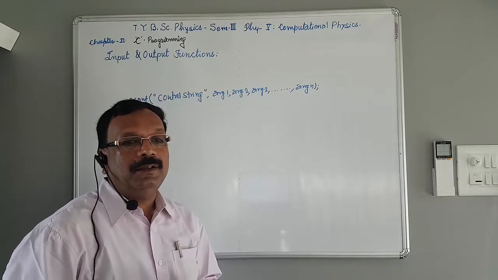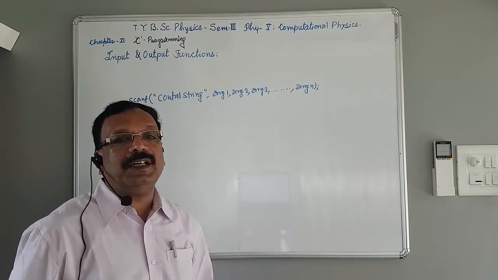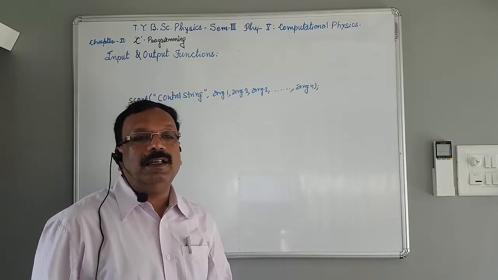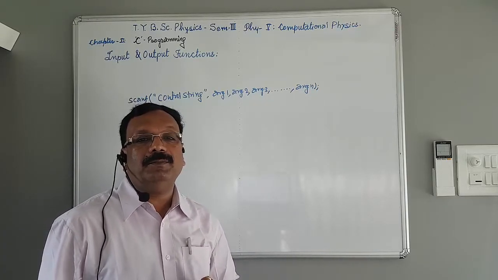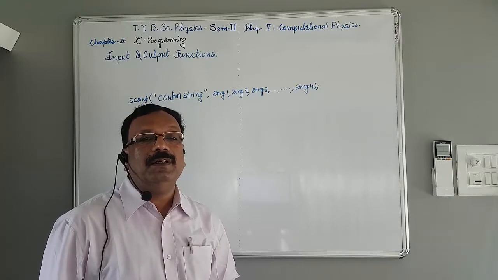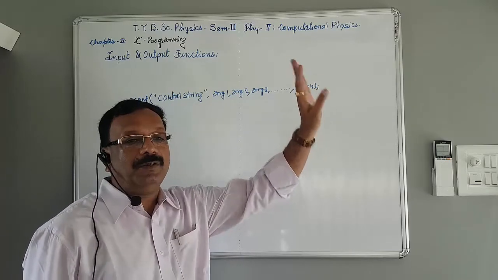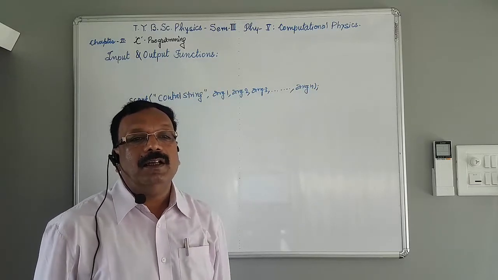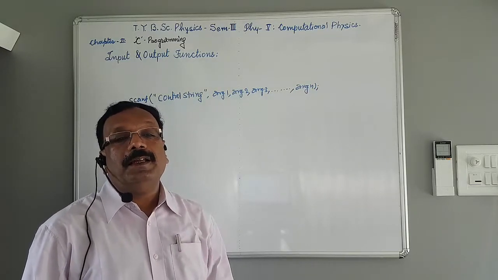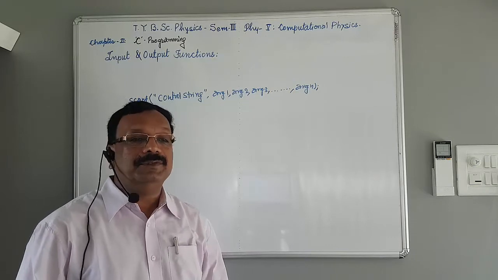Here control string refers to a string that contains certain required formatting information, and argument 1, argument 2, argument 3 up to argument n are arguments that represent individual data items.